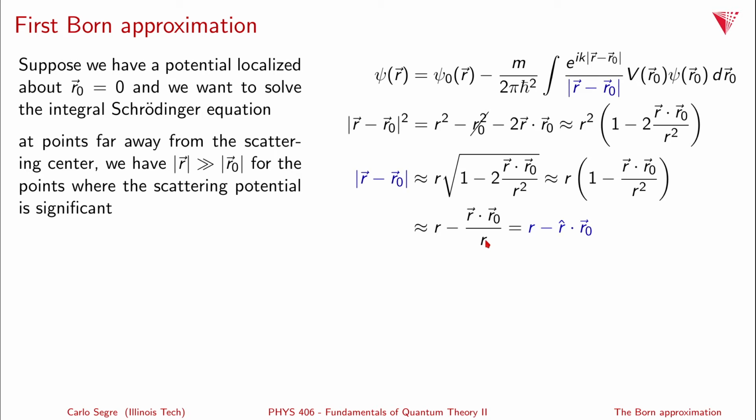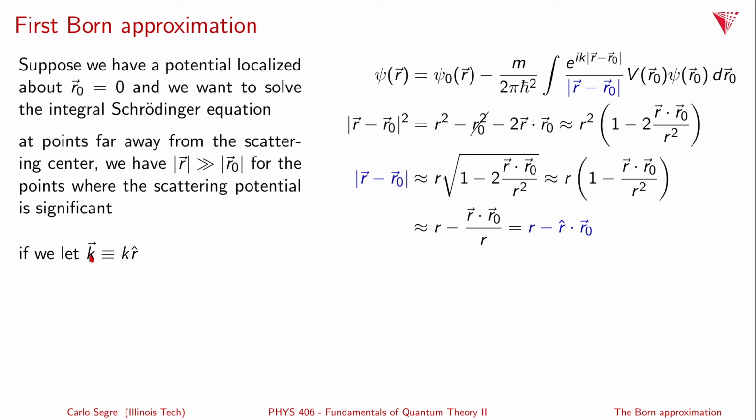And at this point, you can rewrite the r vector over r as r hat. So you have that the absolute value of r minus r0 is approximately equal to the r magnitude minus r hat dotted into r0.